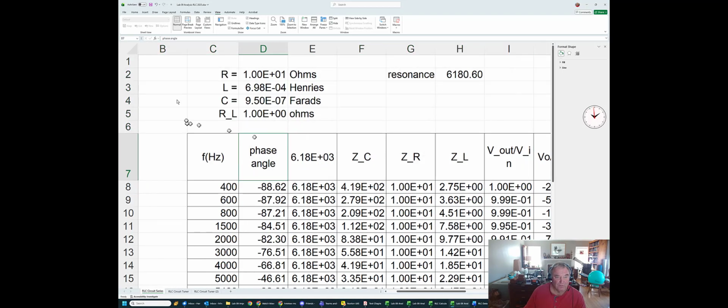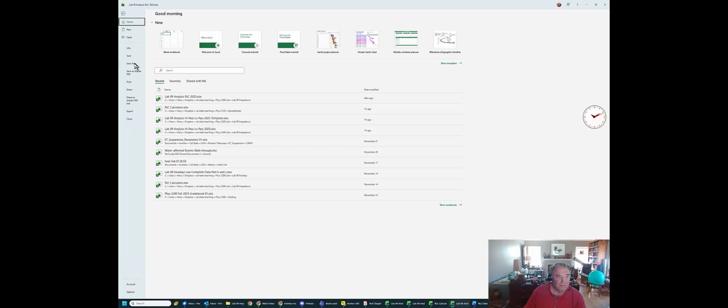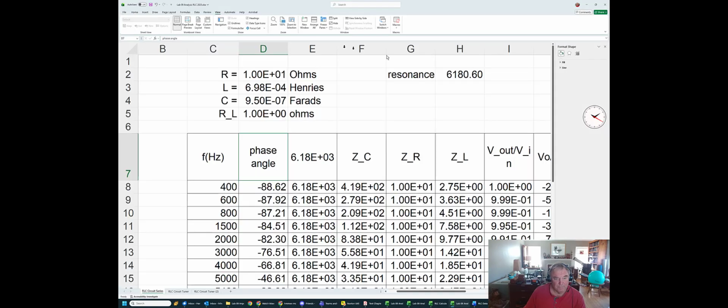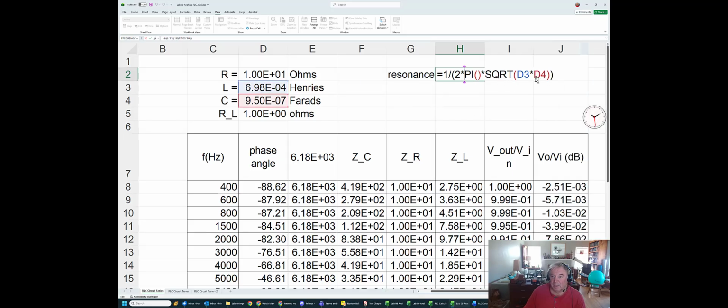All right, so I'm going to save. Wait a minute, so I need to save this as the template. File, save as. Let's think about this. Well, maybe I'll just stick with it as it is for now. Okay, so the resonance frequency, remember, is 1 over 2 pi square root of LC.